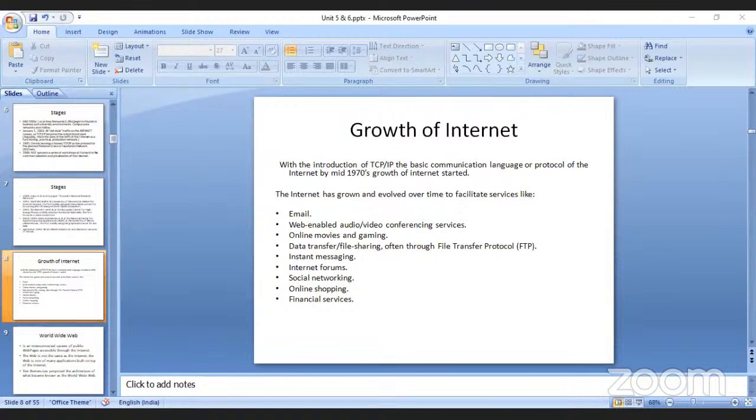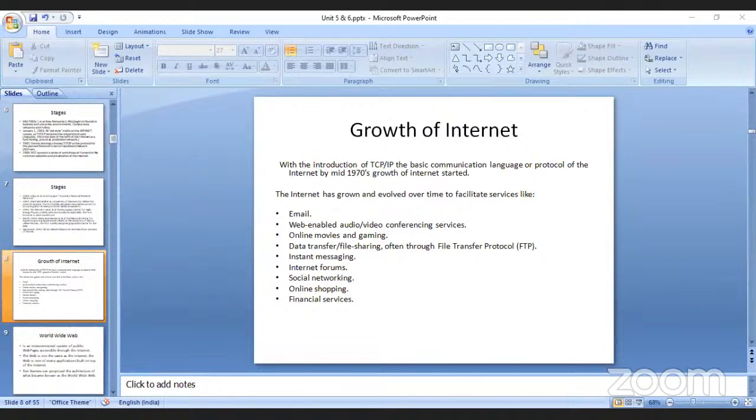With the introduction of TCP/IP, the basic communication language or protocol of the internet was developed. And by the mid-90s, the growth of the internet had started. The internet has grown and evolved over time to facilitate services.